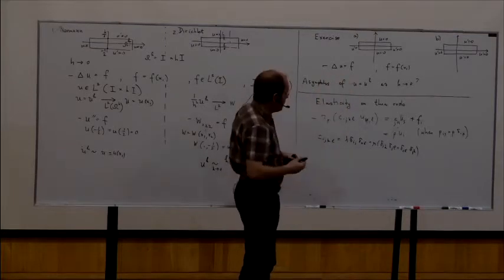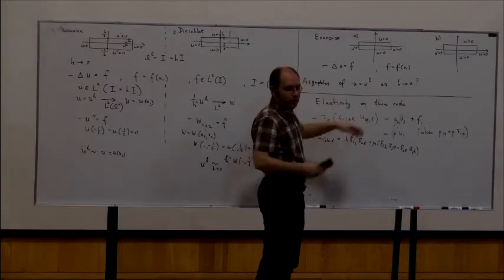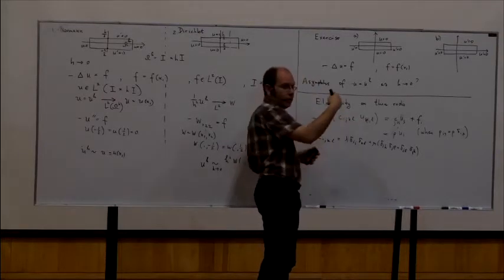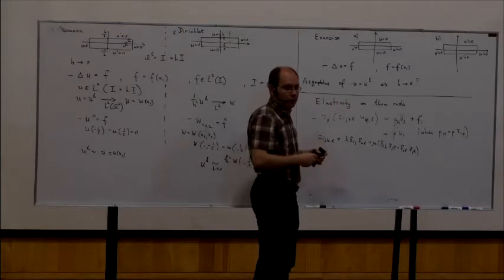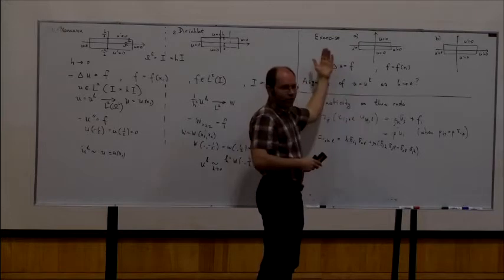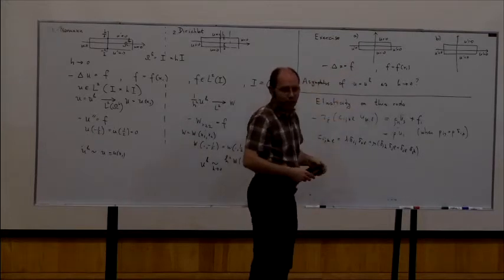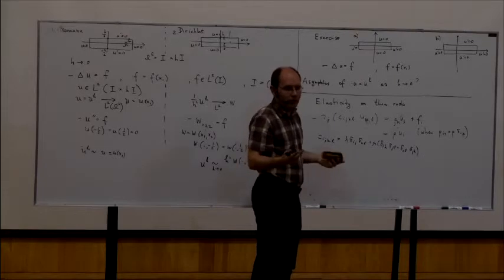So you assume that the displacements don't depend on the variable orthogonal to the board. So there are only two components, U1 and U2, if x1 and x2 are the coordinates in the board, and then you have a system of two equations with two unknowns.